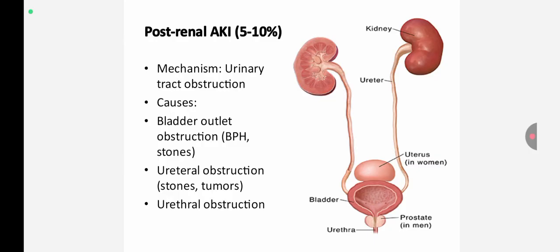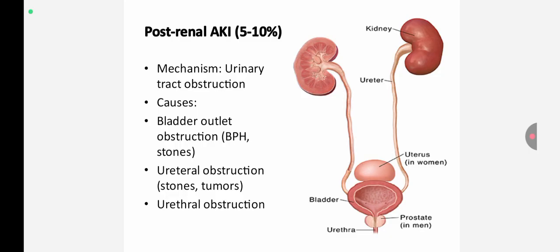So these are the three major types of acute kidney injury. To review, we have the prerenal, the one that happens before the kidney, and it's basically volume depletion, anything that depletes the amount of blood getting to the kidney.